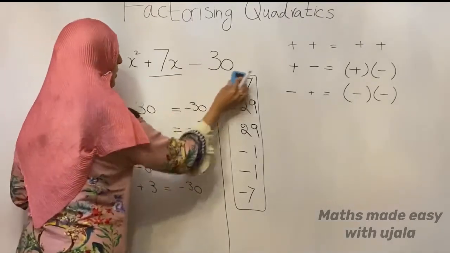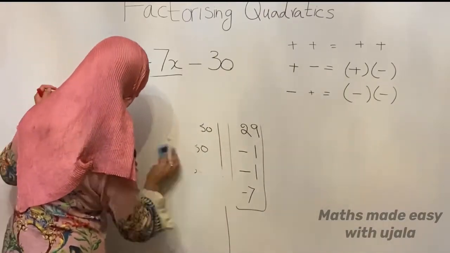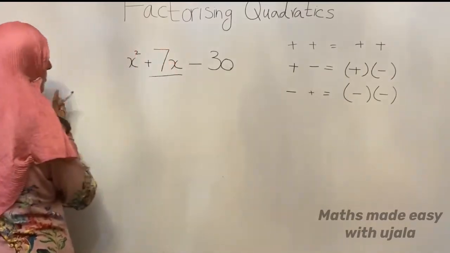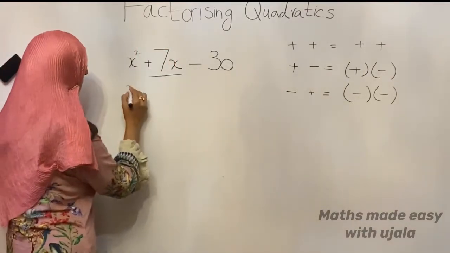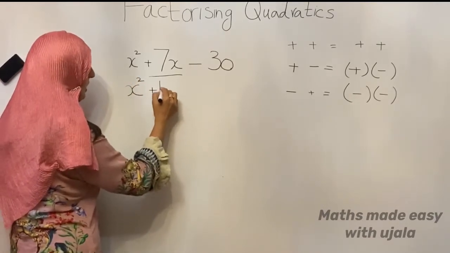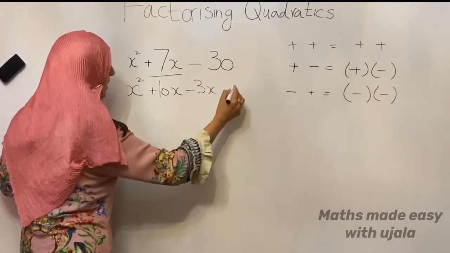So how can I write this? I write x squared plus 10x minus 3x minus 30.